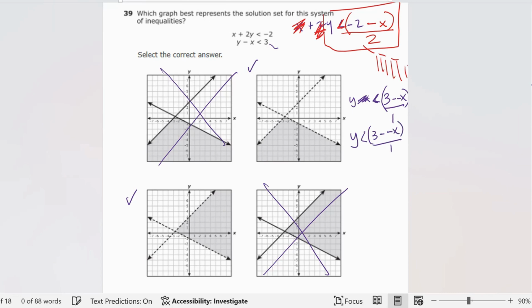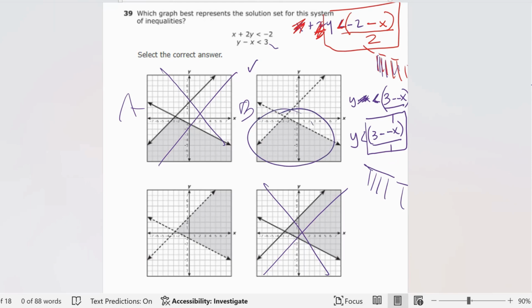If you type this in the calculator, you cannot type the less than, and it will give you a graph as positive. So the answer must be less than, and this line is also less than. So the answer is letter B. Letter B is the answer. Both of them are less than.